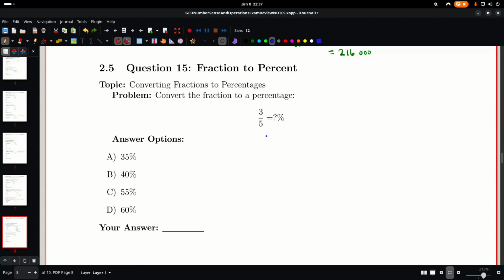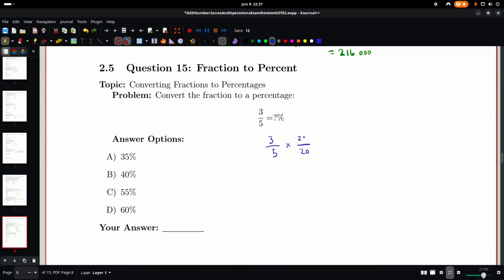And so if we want to convert that to a percent, we could use our calculator, but if we don't have our calculator, we can figure out what we are going to multiply the 5 by to get 100, because percent just means a fraction out of 100. And so we know that 3 over 5, if I multiply by 20, 5 times 20 gives me 100.